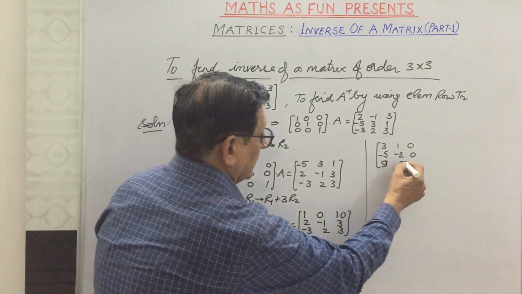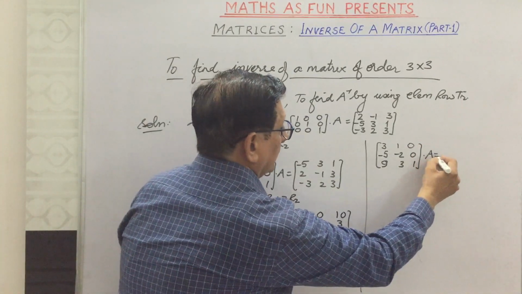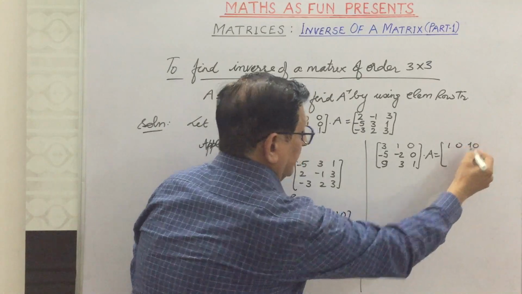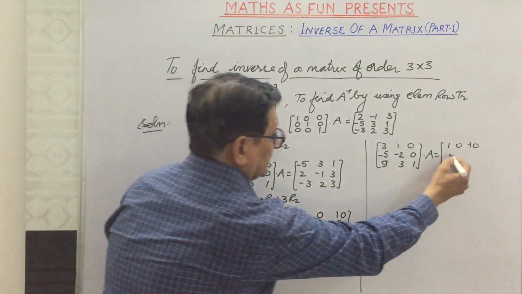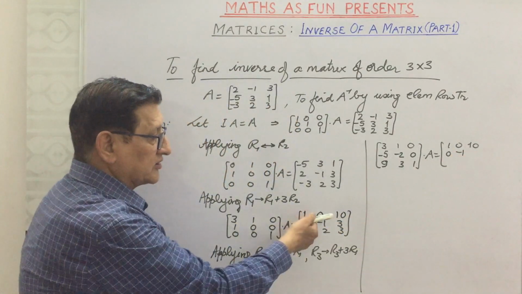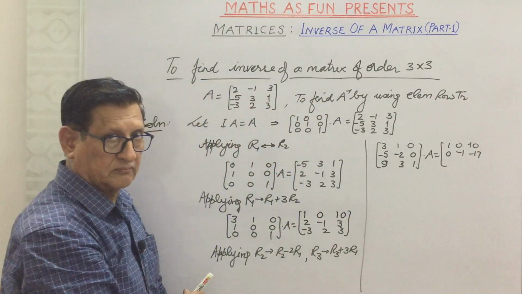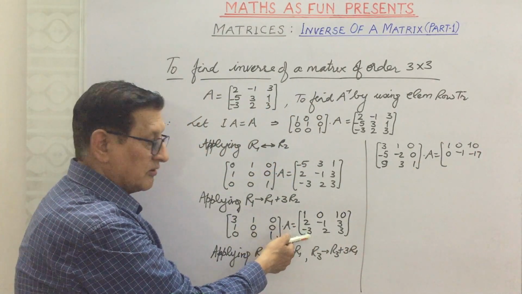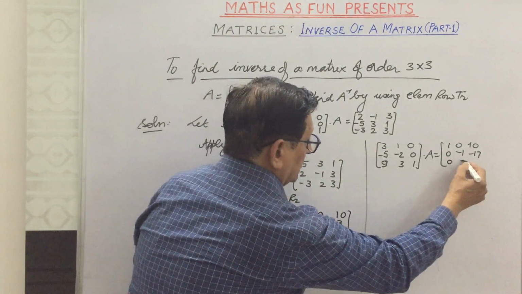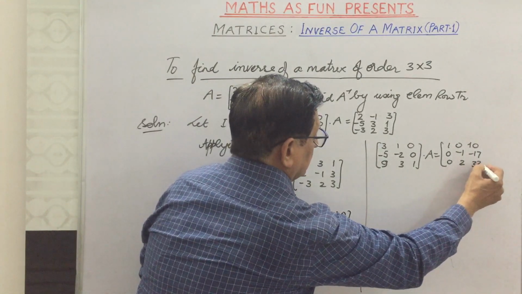This is 3 and this is 1 into A equal to 1, 0, 10. Twice of this we subtract, this becomes 0. This is minus 1 and this is 3 minus 20, that is minus 17. 3 times we are adding in this is 0. 3 times of this, that will be 2. 3 times of this, 30 plus 3 is 33.